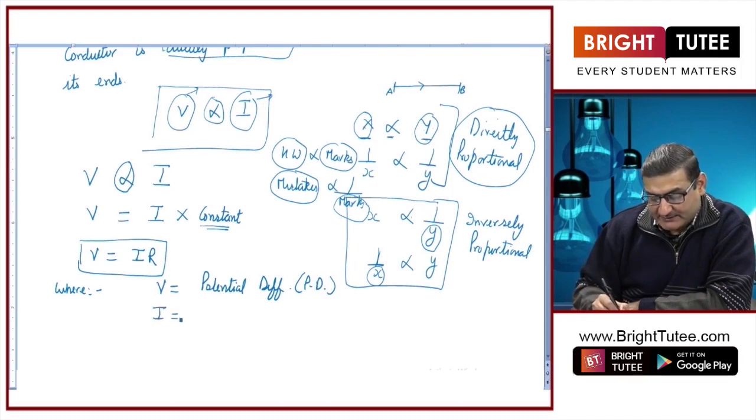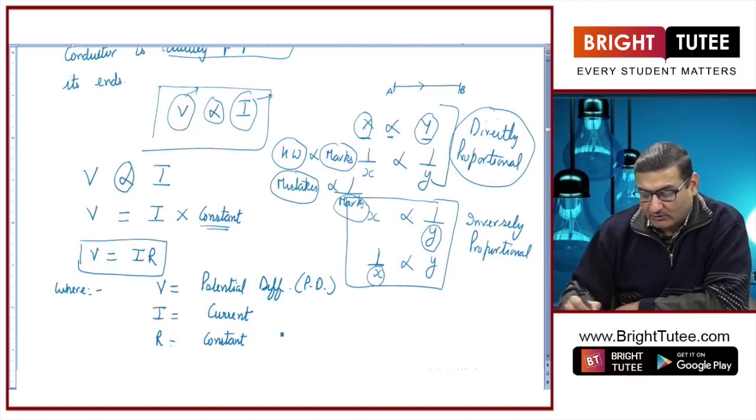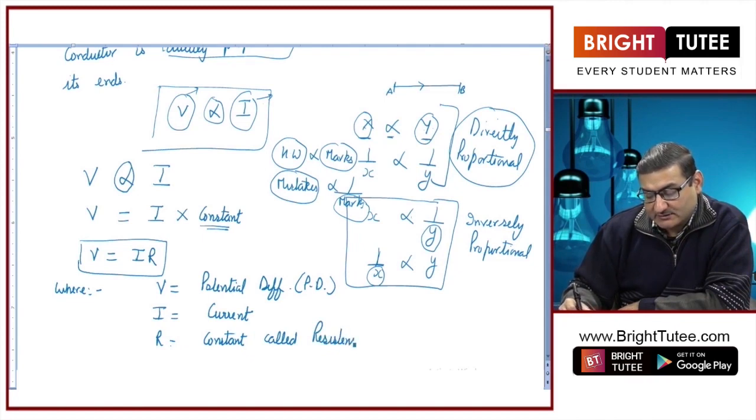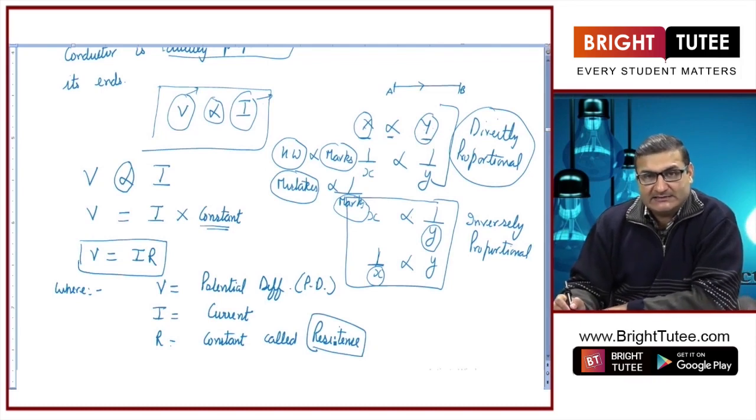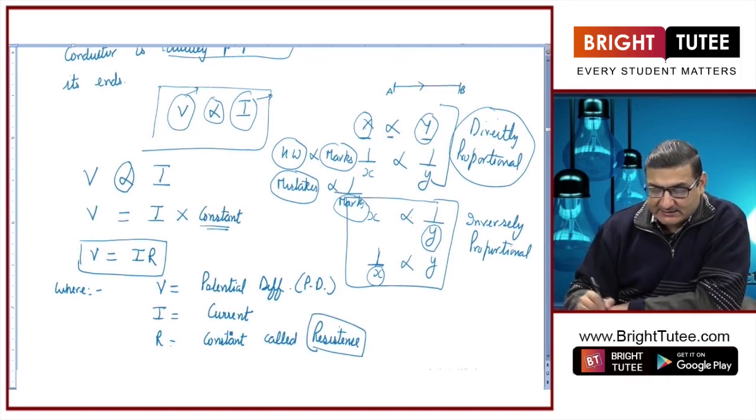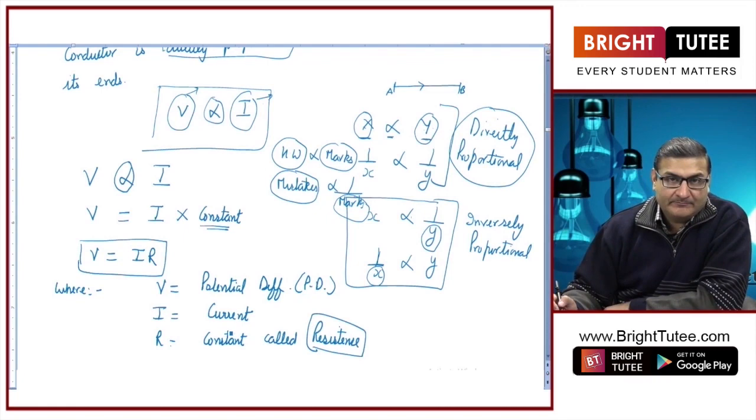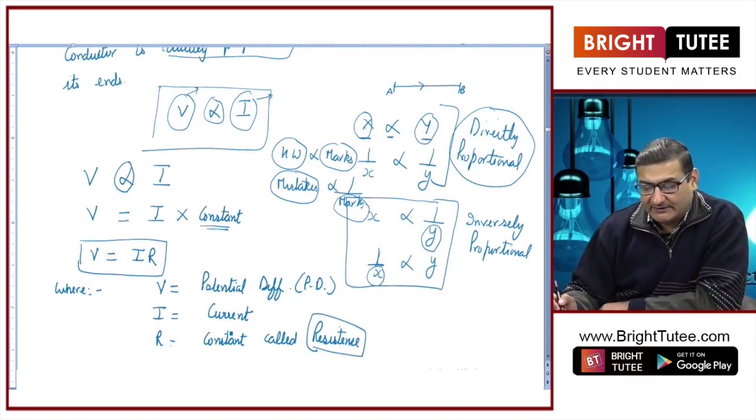I represents current, and R is a constant, and like other constants, this constant also has a name. This is a constant called resistance. Now what is resistance? Right now, just to understand from this formula, resistance is a constant. Fine, it is a constant value.